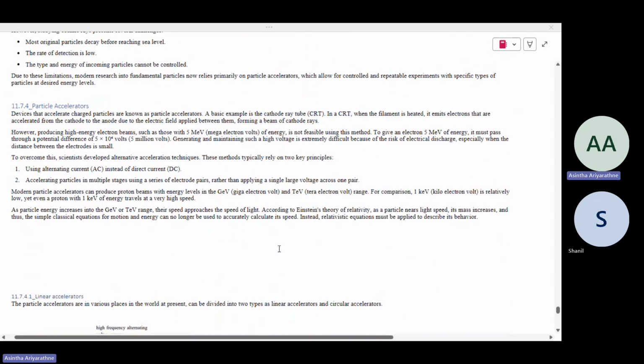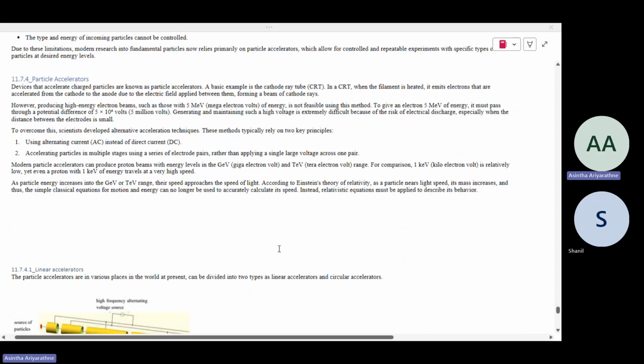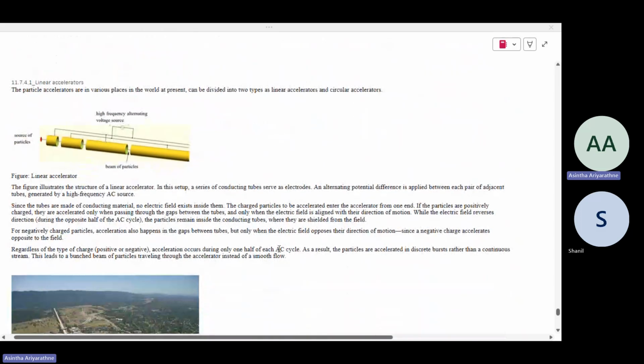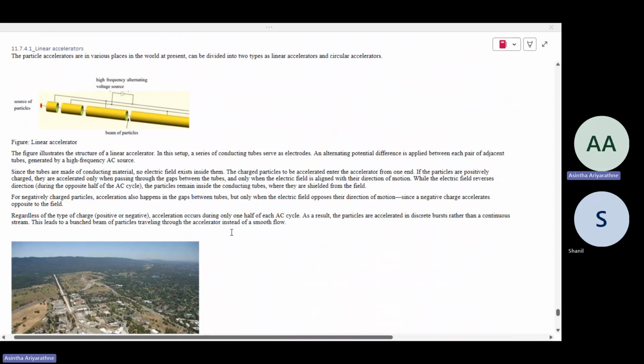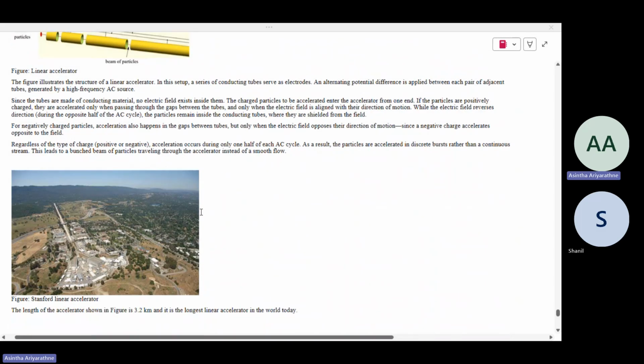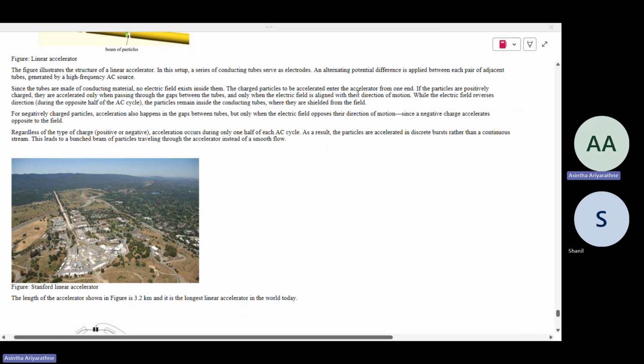We have mainly two particle accelerators: the linear accelerator and the circular accelerator. This is a picture of a linear accelerator at Stanford University, which is very huge actually.